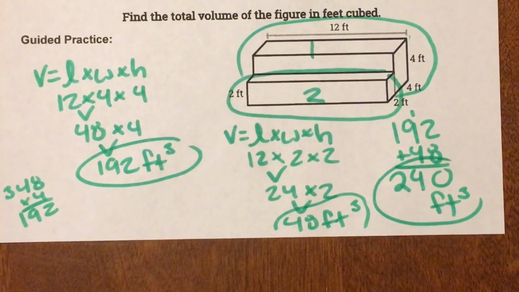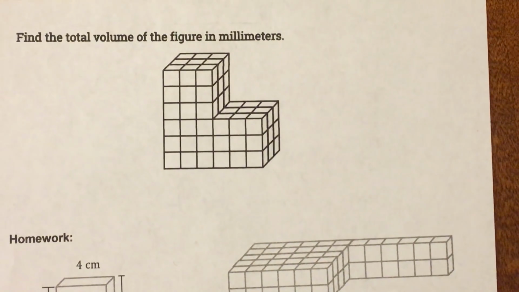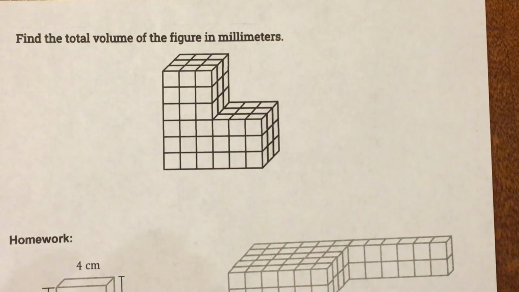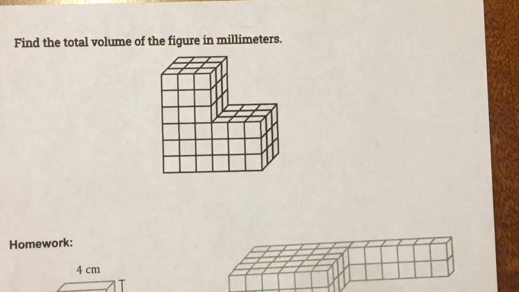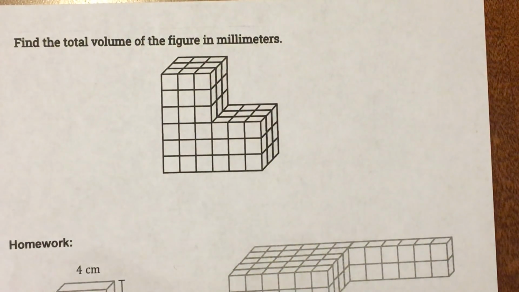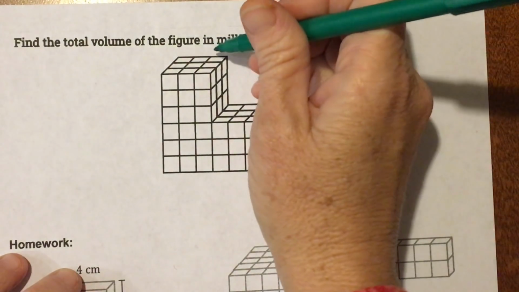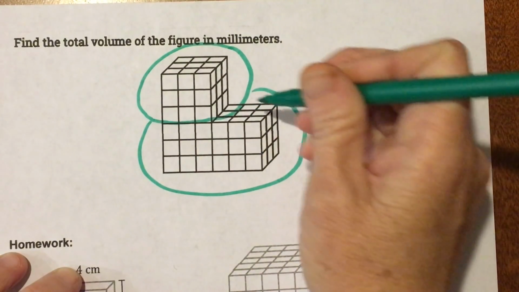Okay, so let's try one more together. Okay, so my last one with you, again, I see this two ways. I see that this piece was set on top of this piece, or this piece was pushed up against this piece. It doesn't matter. We're going to do it together, and we're just going to say that that was set on top of this one.